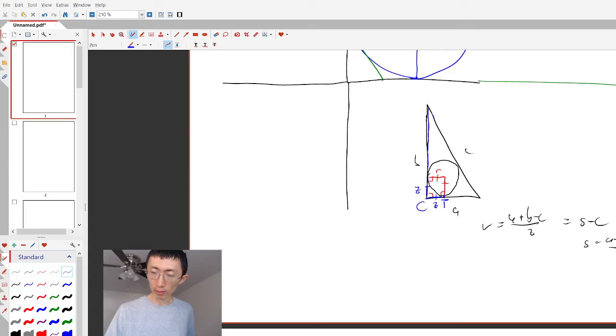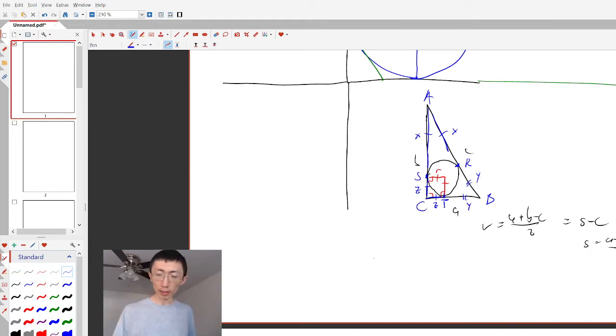From, let's say, A to this point, and maybe we'll just call this X and X. And then these two tangents from B to the incircle are also equal. Maybe that can be Y and Y.